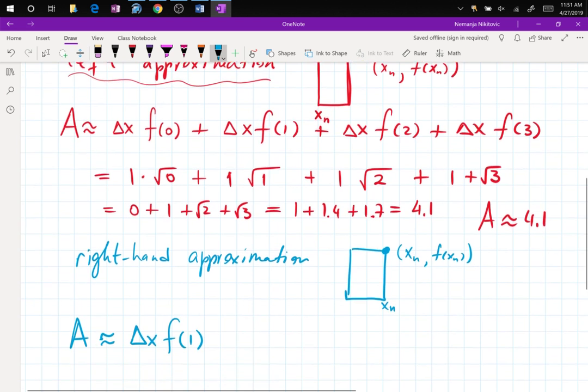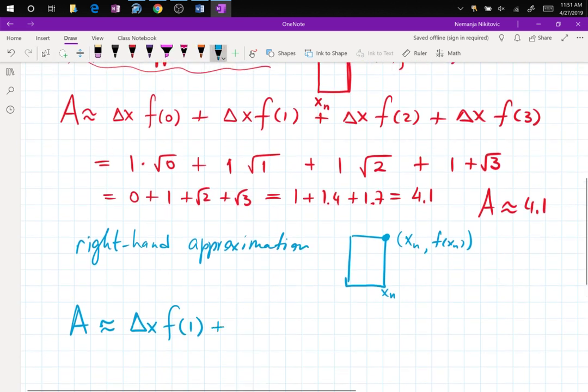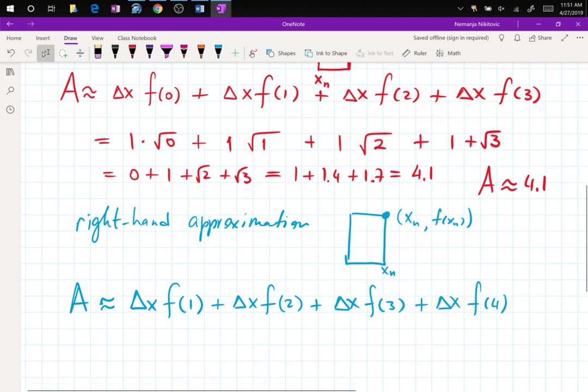So all of my numbers are now shifted by 1. I have delta x times f at 2 plus delta x times f at 3 plus delta x times f at 4. And this is going to be 1 times square root of 1 plus 1 times square root of 2 plus 1 times square root of 3.